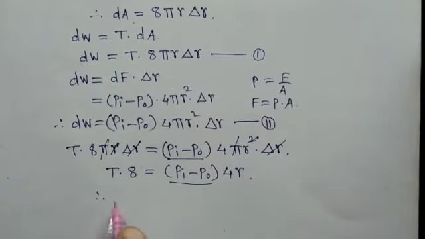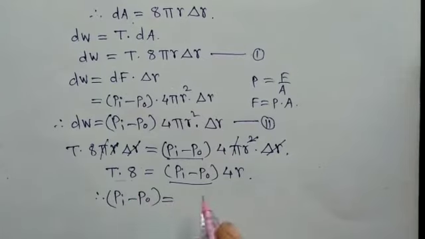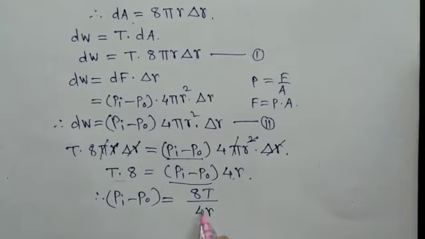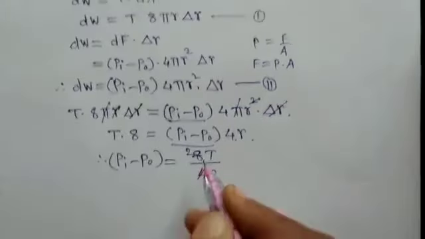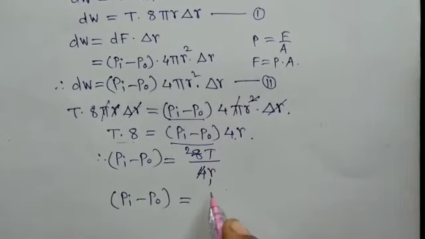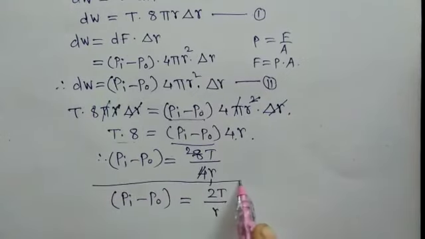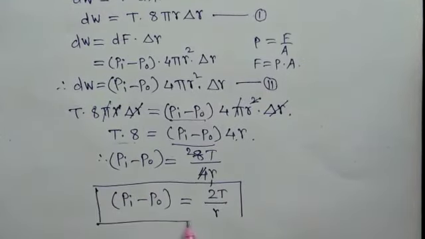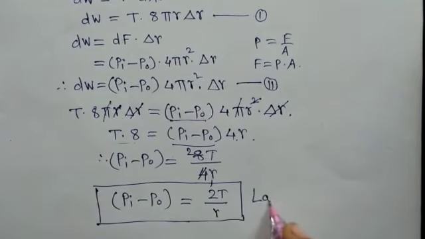Therefore Pi minus P0 is equal to 8T upon 4r. Dividing by 4, the excess pressure inside a bubble, Pi minus P0, is equal to 2T upon R. And it is called Laplace law of membrane.